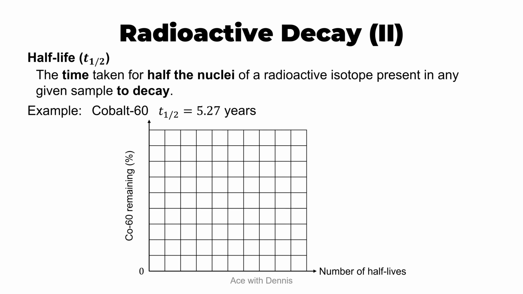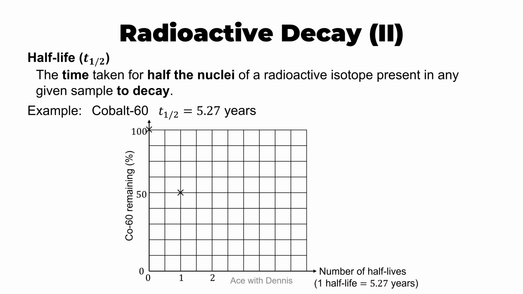Now, here is how it looks on a graph. One half-life means 5.27 years. So when the number of half-lives is 0, cobalt-60 has 100% remaining. When it completes one half-life, the remaining is 50%.